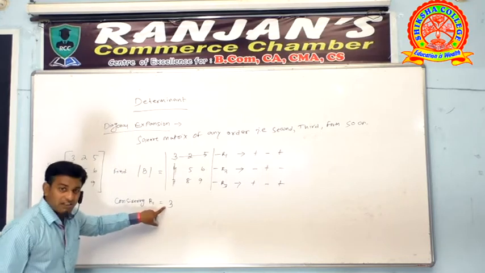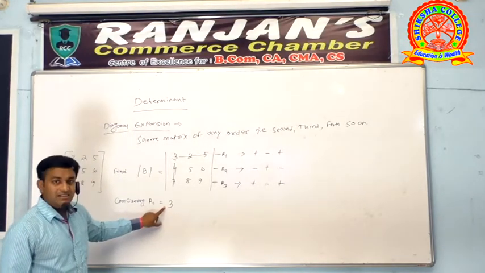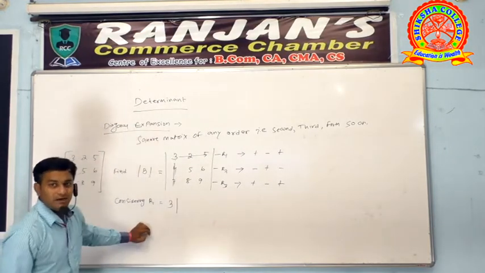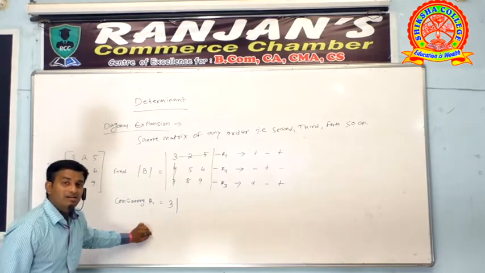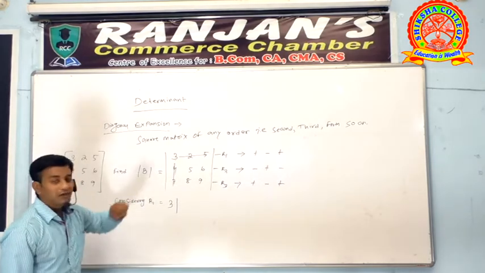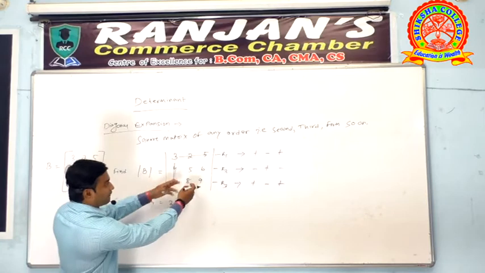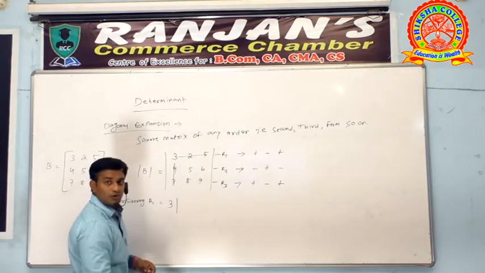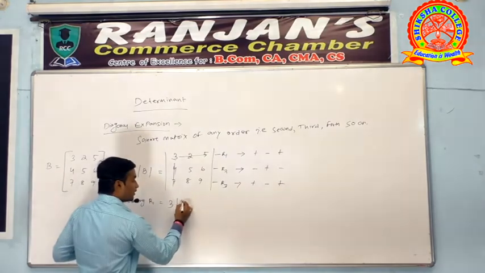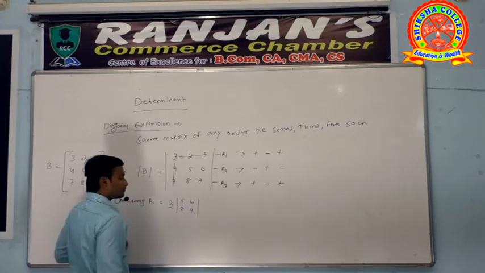So now we consider 3, which is multiplied by the second order determinant of the remaining items. So here we have a 2 by 2 determinant, with 5, 6, 8, 9.